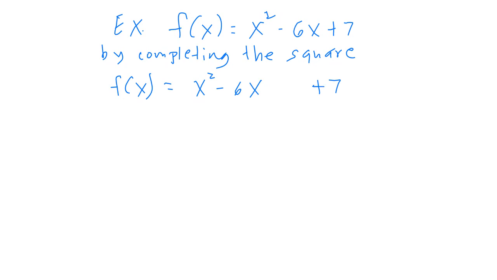And let's take negative 6. So the formula, if you remember the completing the square in the previous section, you're thinking about b over 2, and then you square that. So our b here is negative 6 over 2, and then you square.